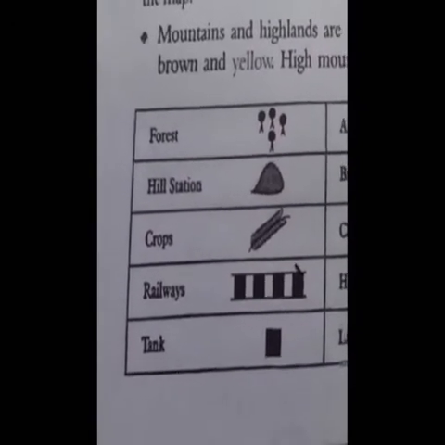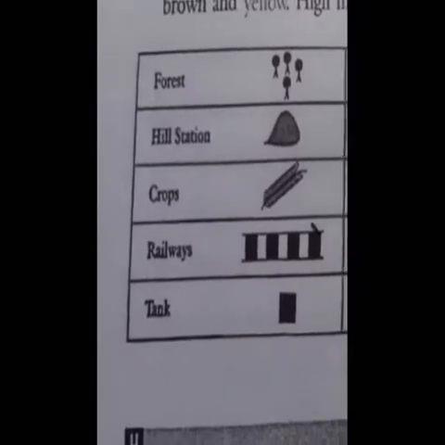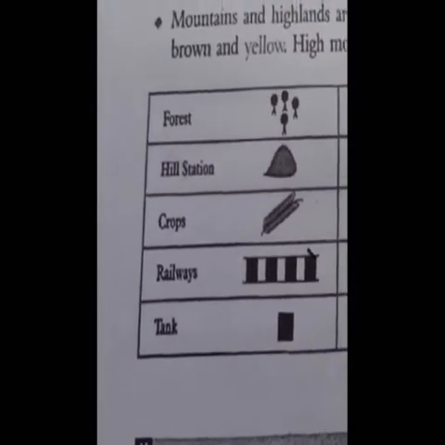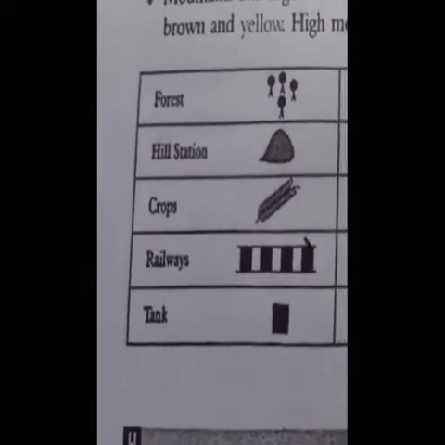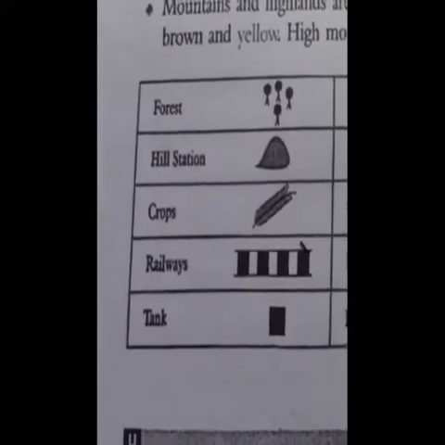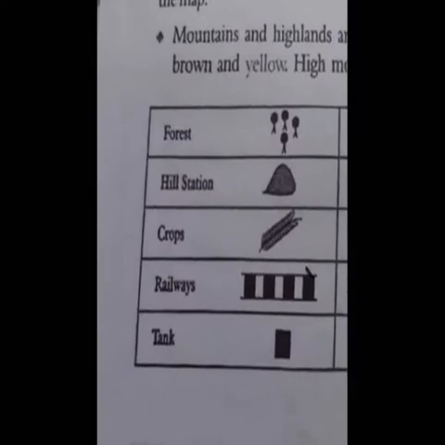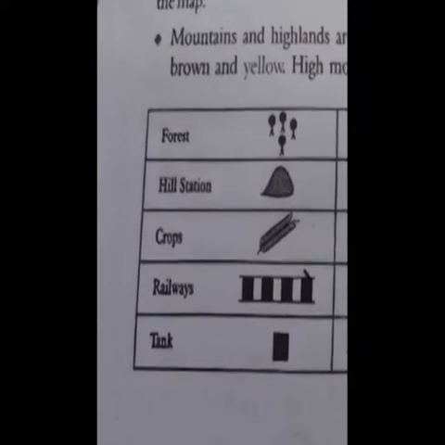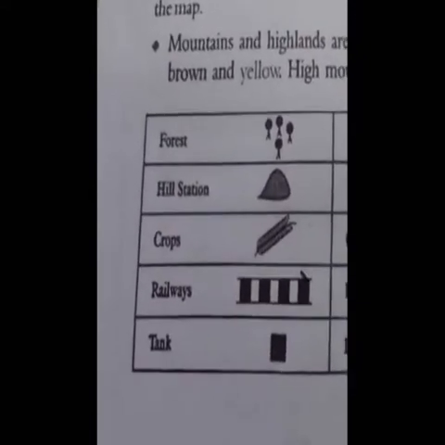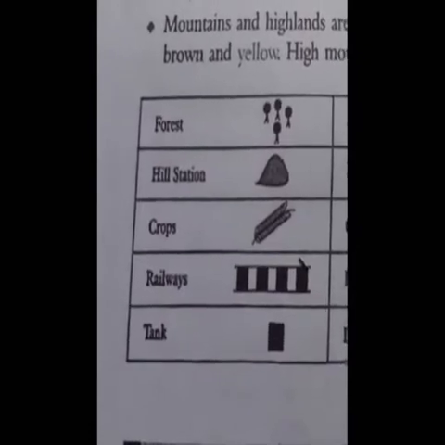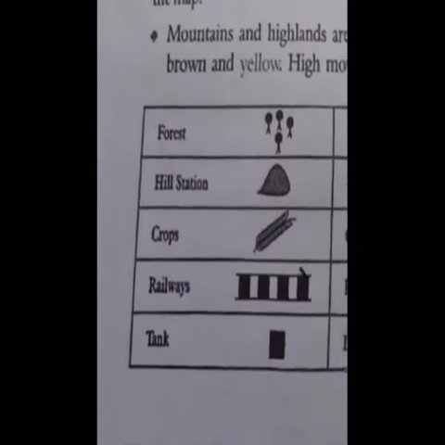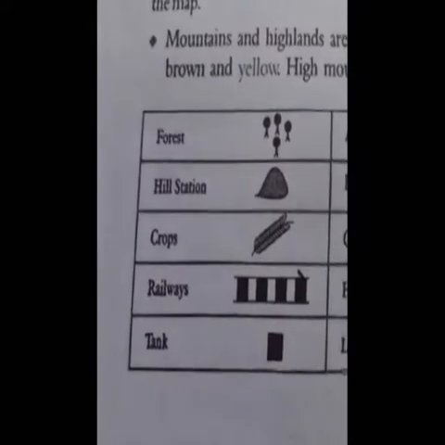For example, mountains and highlands are shown in brown and yellow. High mountains are shown in dark brown. Lower mountains and hills are shown in light brown, and snow-covered mountains are shown in white. Plateaus are shown in yellow, while plains and lowlands are shown in green.